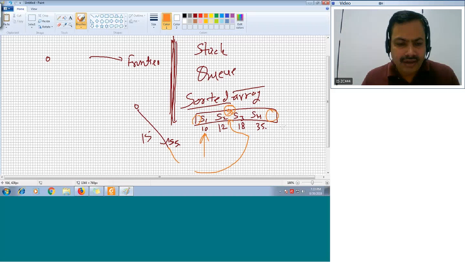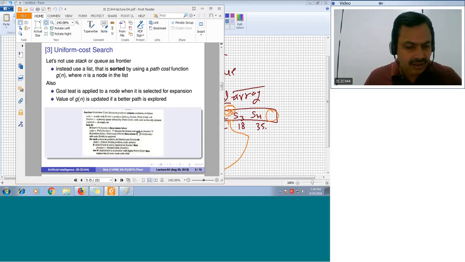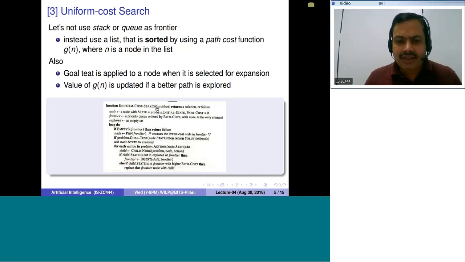So this is what the algorithm tells us. In uniform cost search, you take the problem given to you, find the node, and put the initial state with path cost 0, because you reach it without any expense. The frontier should be a priority queue, initially containing only the initial state, and the explored set is empty. If the frontier is empty, you don't have any items, so you exit with failure, meaning the item you are searching for is not found.